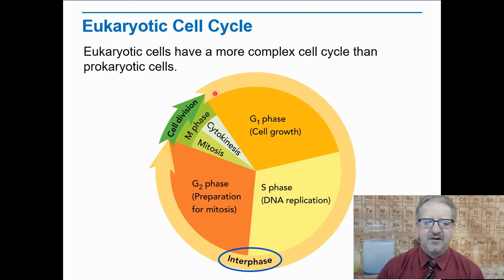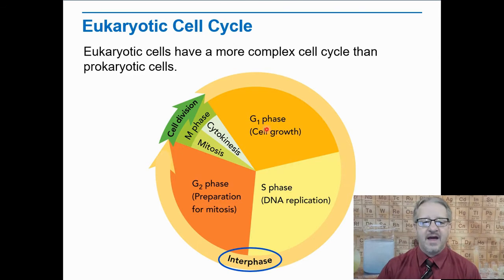Now, you can see that interphase is represented by this external arrow here, and it only stops when it gets to cell division itself. So interphase is actually made up of 3 other phases. Okay, so these are, I guess you could call them subphases, if you will, but we don't really call them that. We just call them phases.